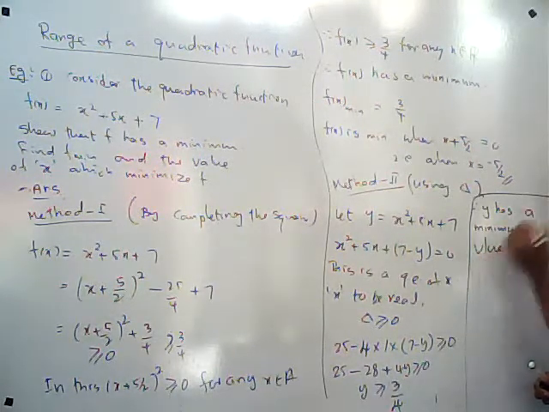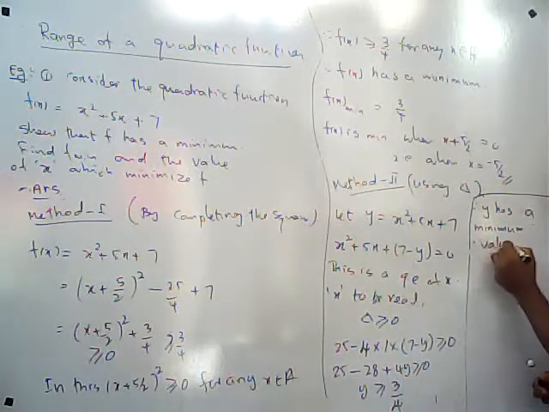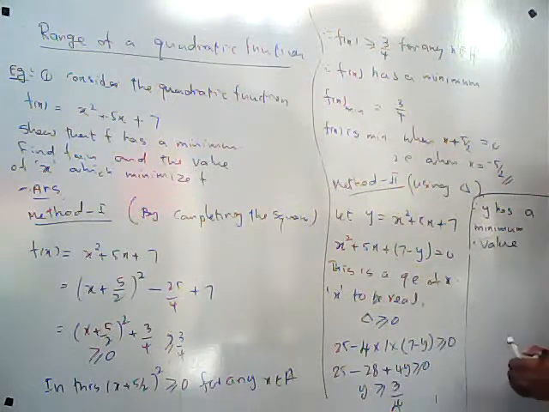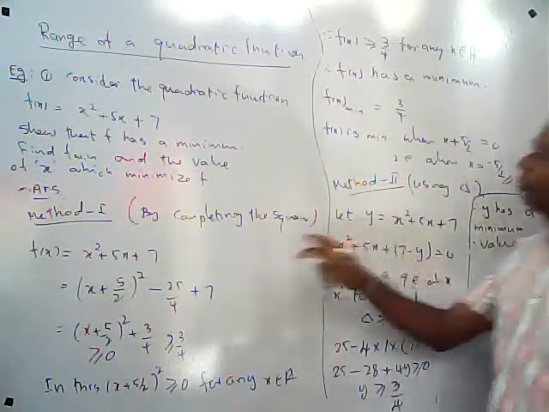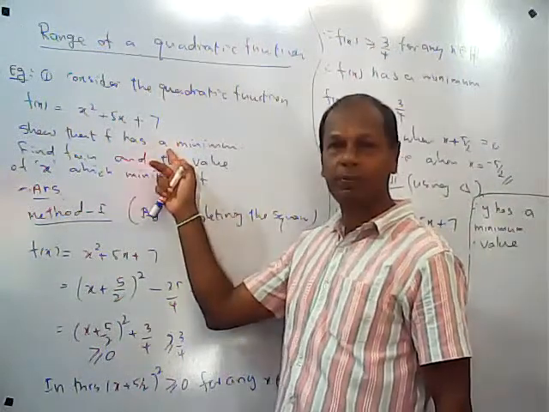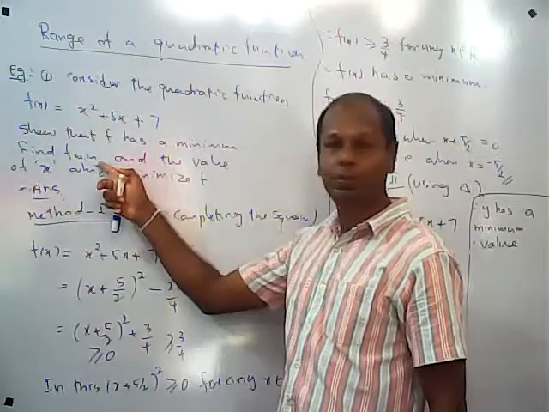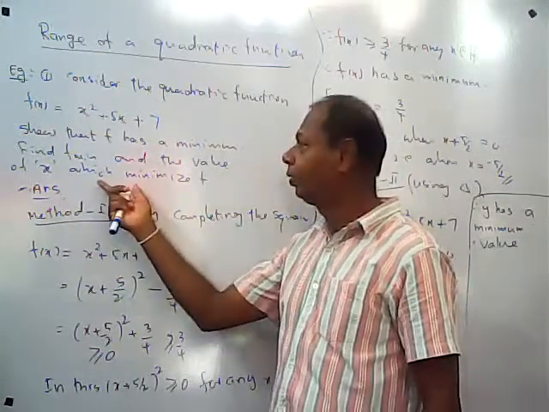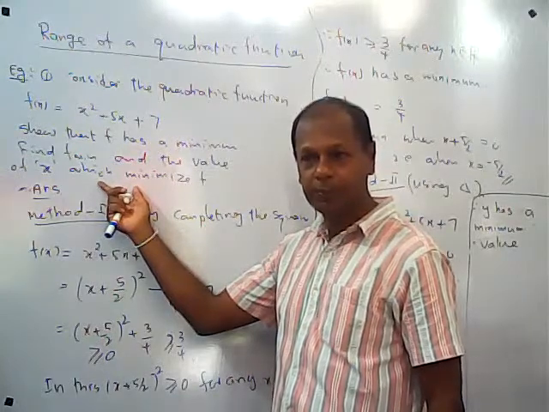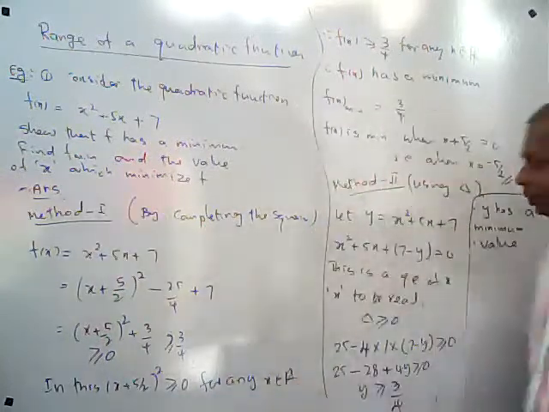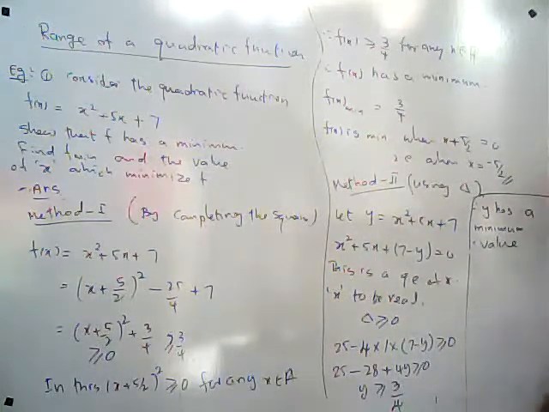Minimum value, right? So the answer for these two parts shows that it has the minimum. We showed that. Find the minimum value. We found it. Now to find x for which y is minimum. To find the value of x for which y is minimum.